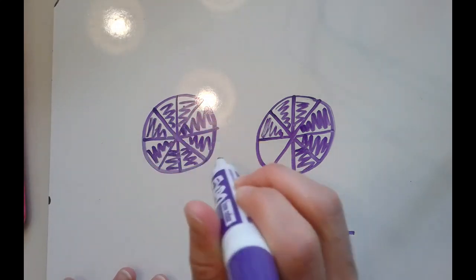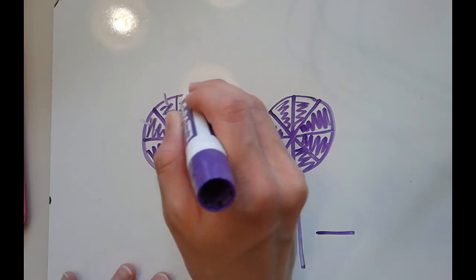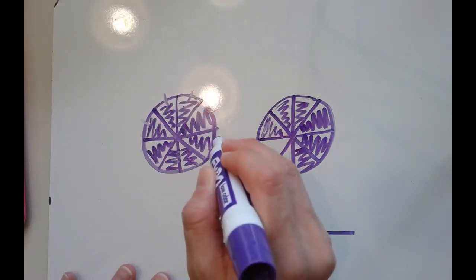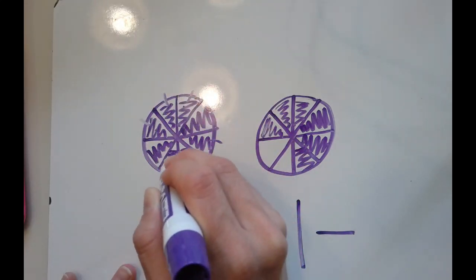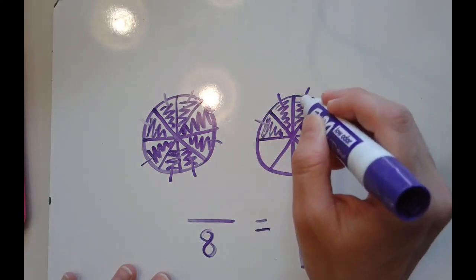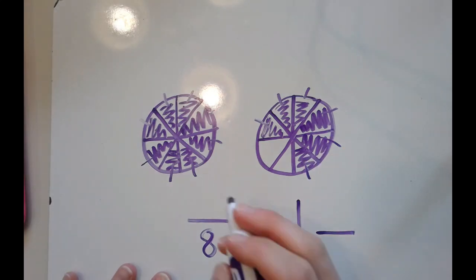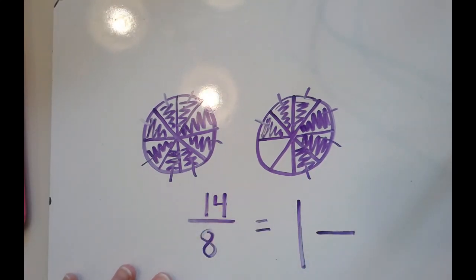I'm going to count how many 8ths I have. 1, 2, 3, 4, 5, 6, 7, 8, 9, 10, 11, 12, 13, 14. I have 14 8ths. That's what fraction of pizza I have left.